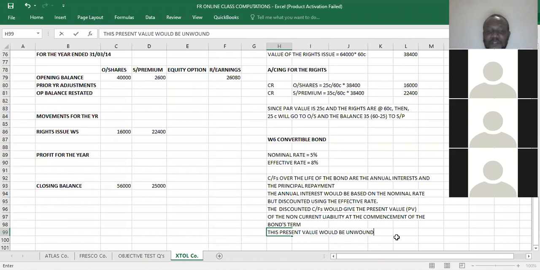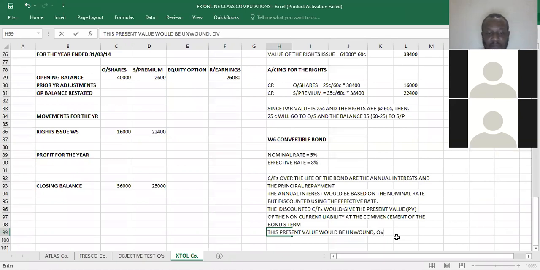Okay, so the present value would be unwound over the life of the bond. Ella is spoiling the show for us. Over the life of the bond. Continue.